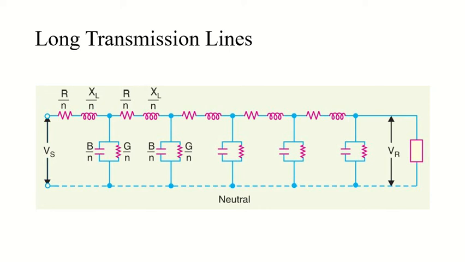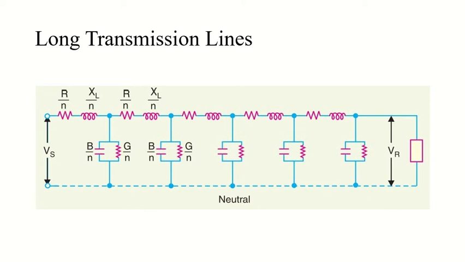Now for lines longer than 160 kilometers, what happens? The line parameters are not lumped. We distribute the line parameters uniformly along the whole length of the transmission line.